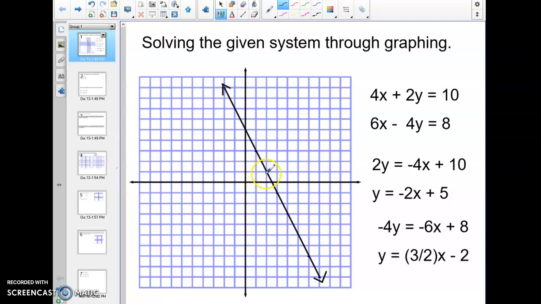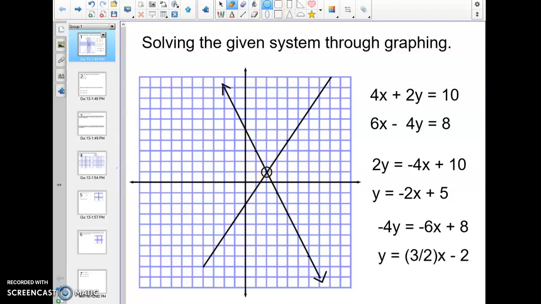And we're going up 3 over 2. Up 3 over 2. And on this side, we're going down 3, left 2. Alright, so now we come here, and you notice that point of intersection, which is right here.